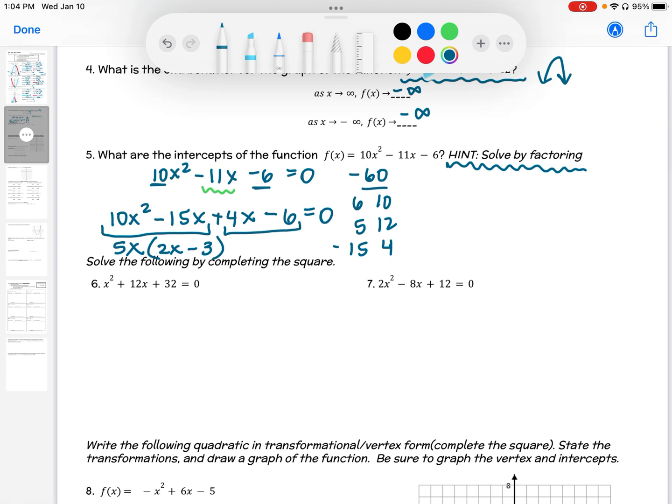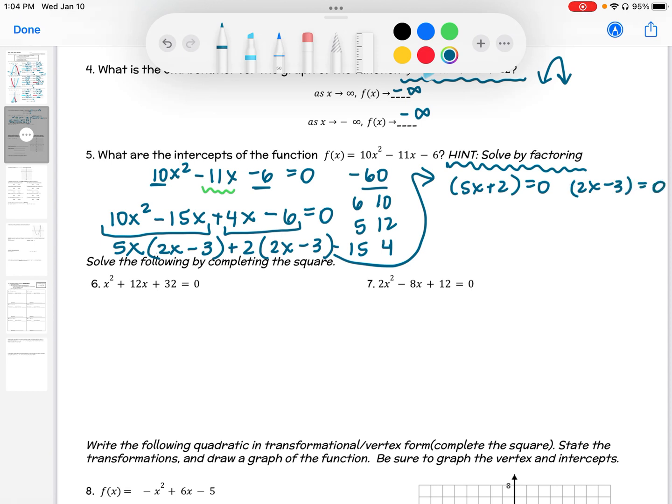And then the GCF for the second two would be just 2, and we'd have 2x minus 3. All right, so we have our two factors. We have 5x plus 2 equals 0, and we have 2x minus 3 equals 0.